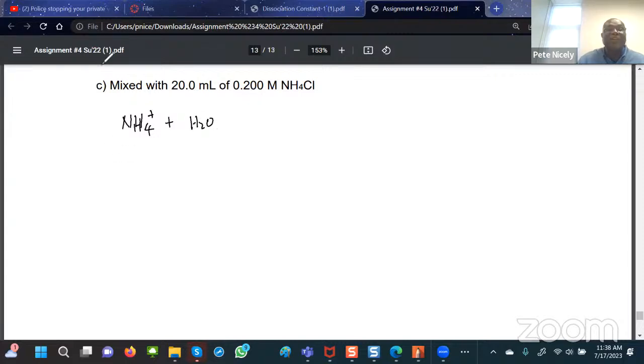Or better yet, let me not use that. Not that it's wrong. Okay, so the reaction would be NH4+ to form NH3 plus H+. That's the equation.